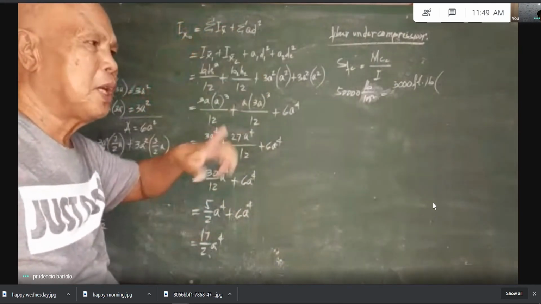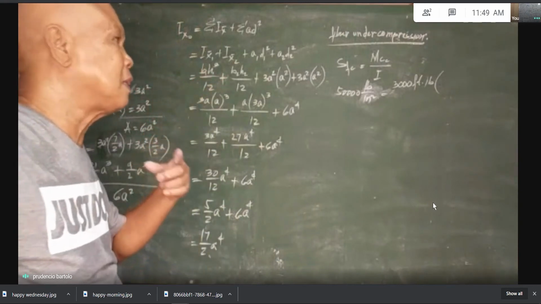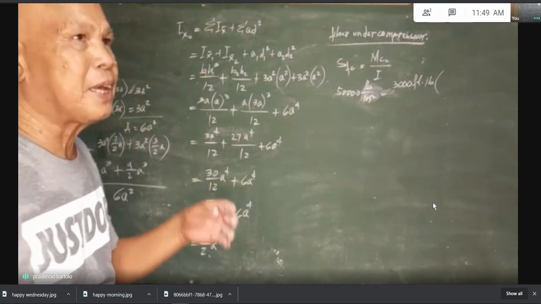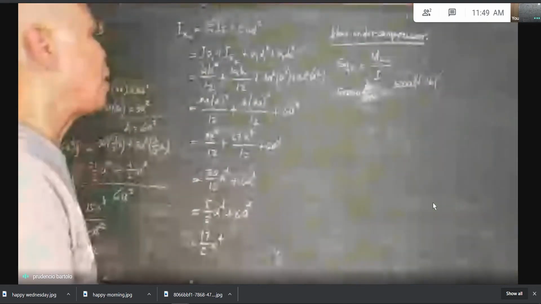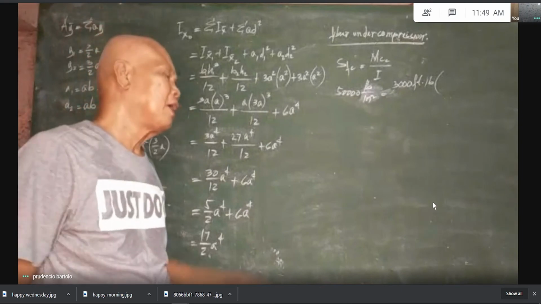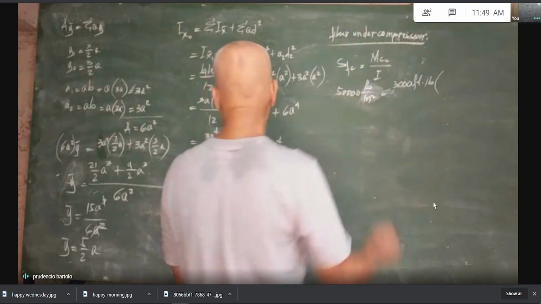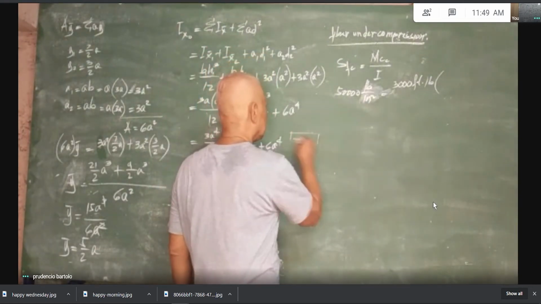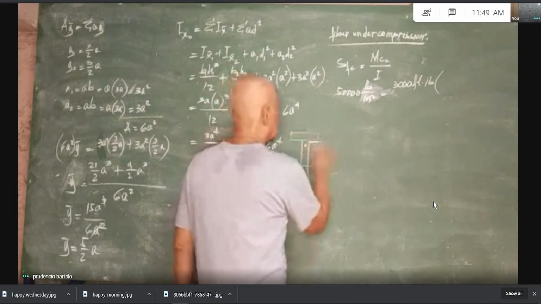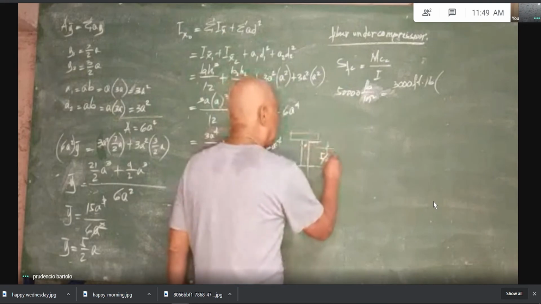It is because the upper fiber is the one that is undergoing compression. So we have taken that the location of the centroid is 5 over 2 from the bottom, so this is 5 over 2 of A.